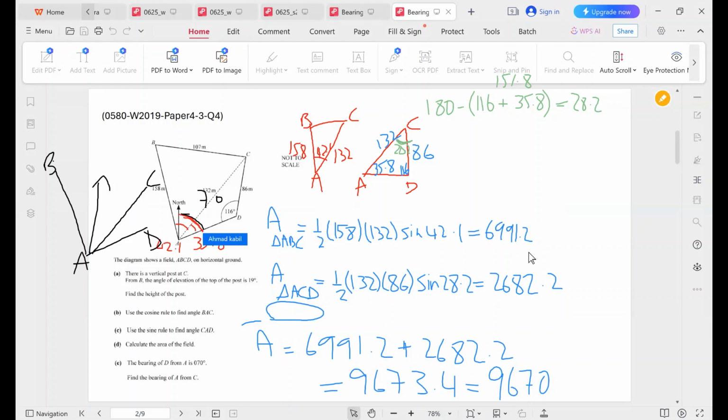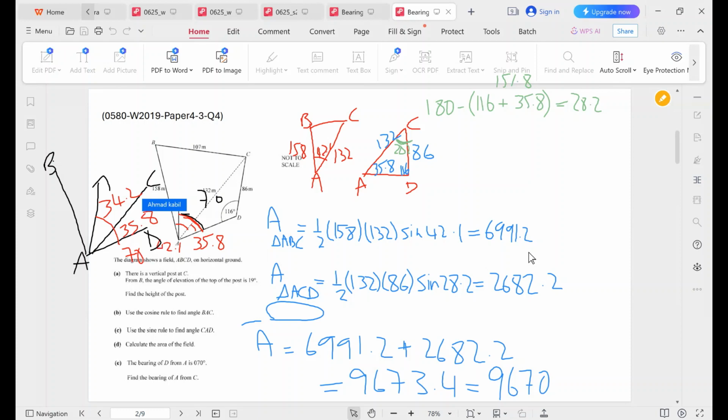So this angle here is 70. But we already know that this part is 35.8. So we can get the other part by subtracting 70 minus 35.8, which would give us 34.2.